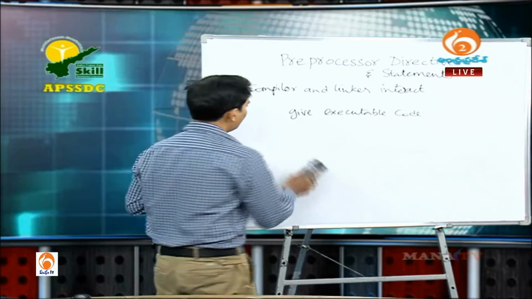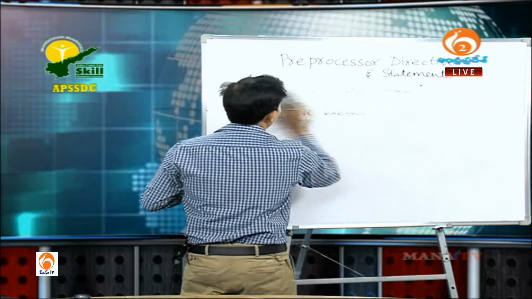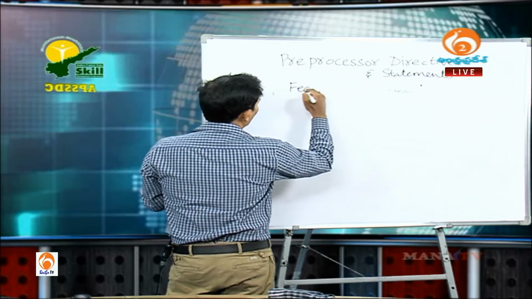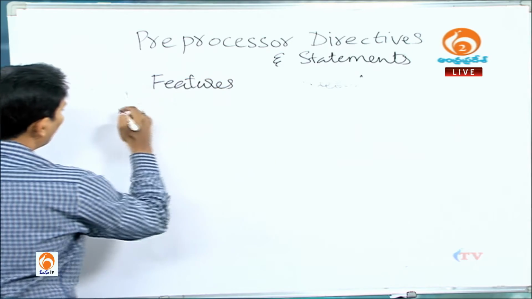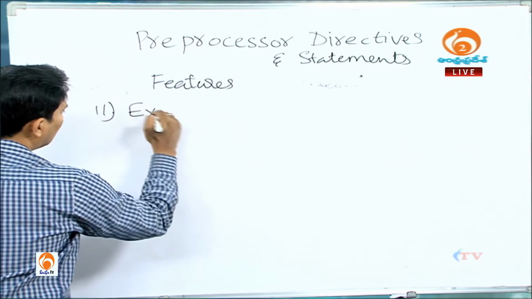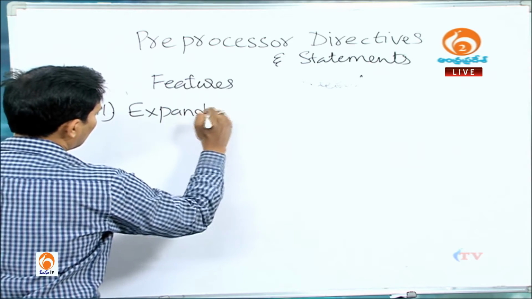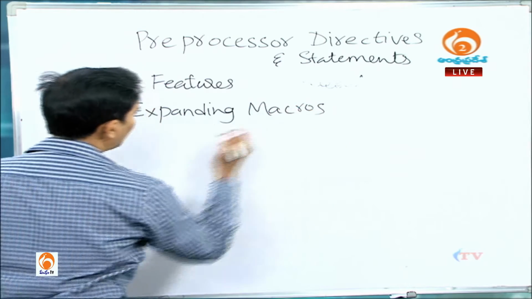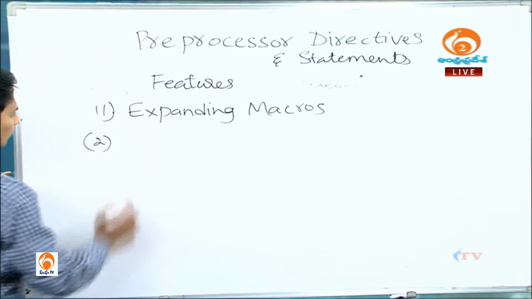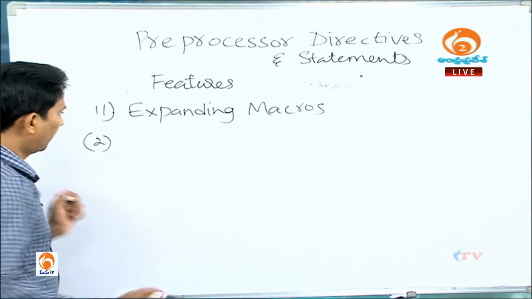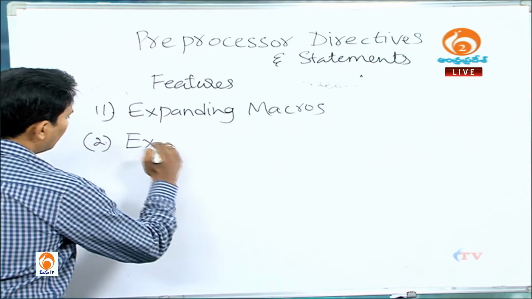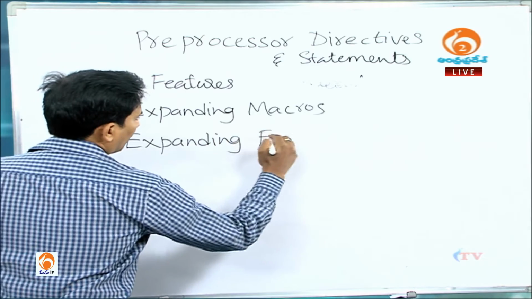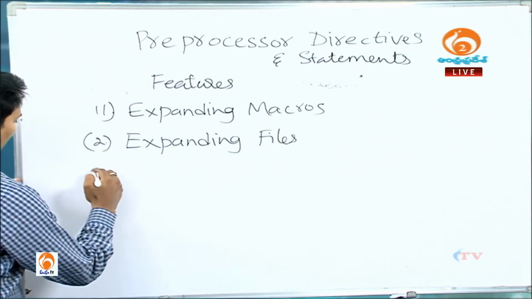We have three types of features. Features are expanding macros, next expanding files, and file inclusions.